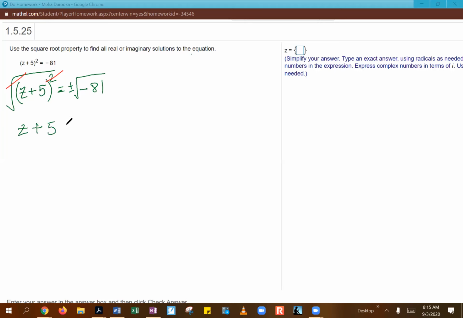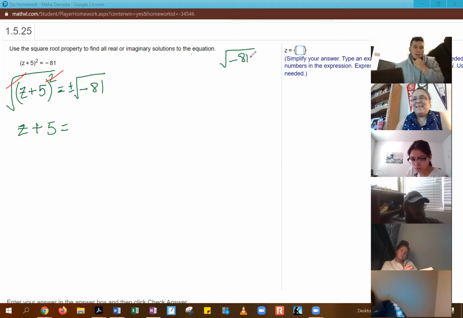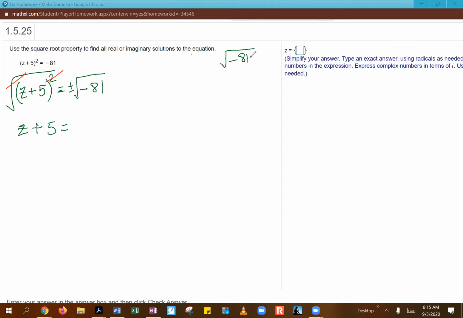Okay, there we go. And then can you tell me how we can simplify that square root of negative 81? Would it be 9? Just 9? It would be 9i. Yeah. Because anytime you have a negative on the inside of your radical, it becomes an imaginary number.